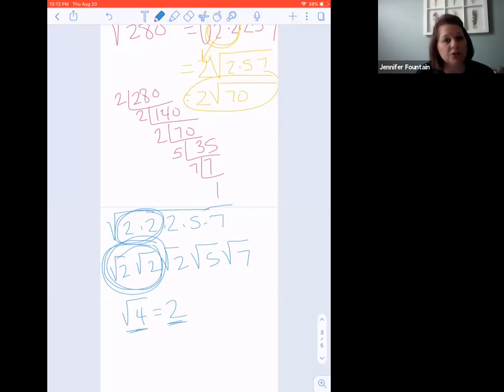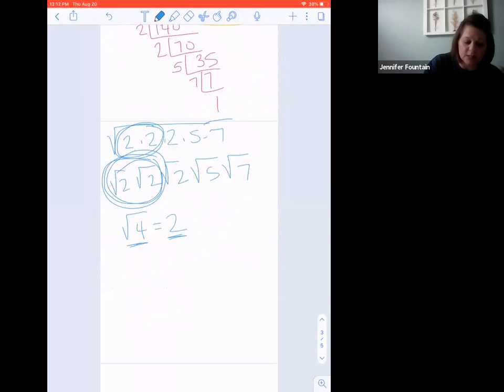So the square root of 4 is 2. Does that help you to see it better?